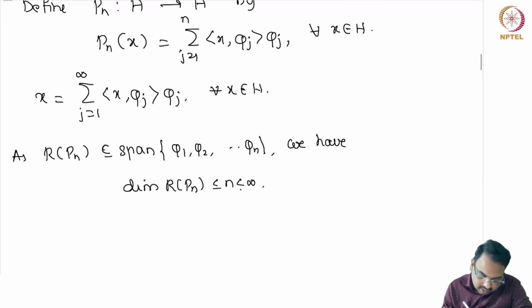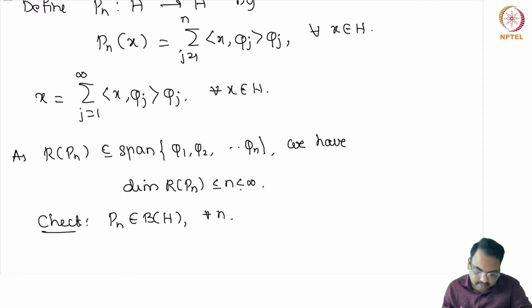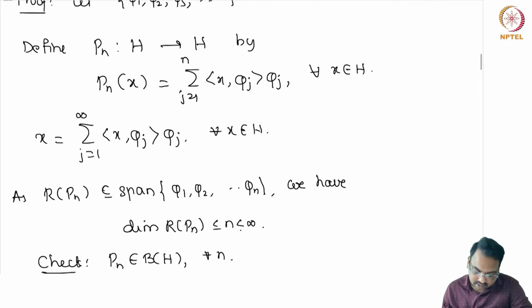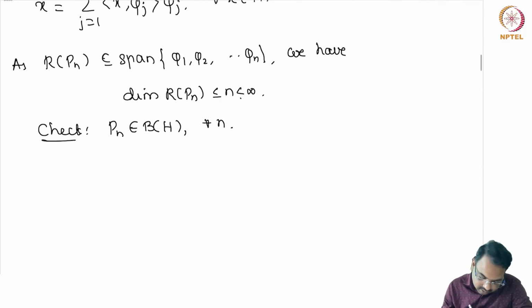And we can easily show that each Pn is a bounded linear operator on H. Now we want to show that T can be approximated by a sequence of finite rank operators. Now we know that Pn x converges to x as n tends to infinity. This is for every x in H.